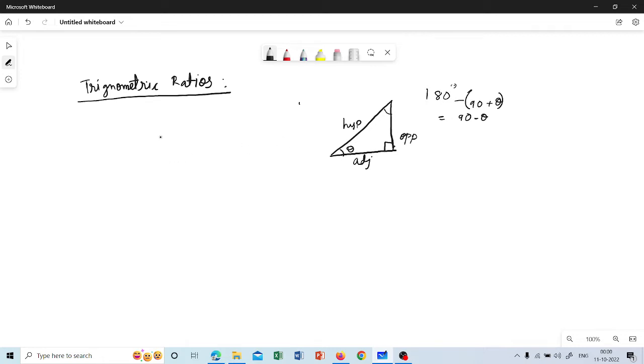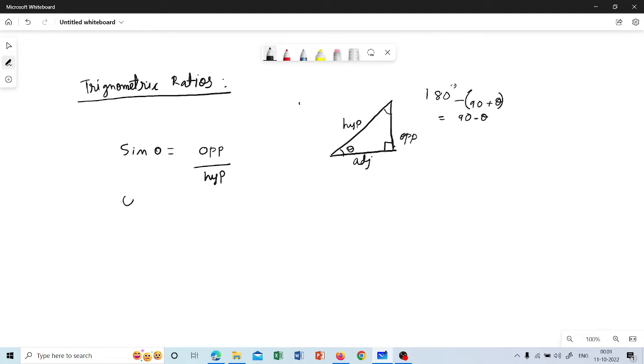So theta. Now I am going to define the ratios, starting with sine. This order is important to remember. Sine of theta is defined as the ratio of the opposite side by the hypotenuse.